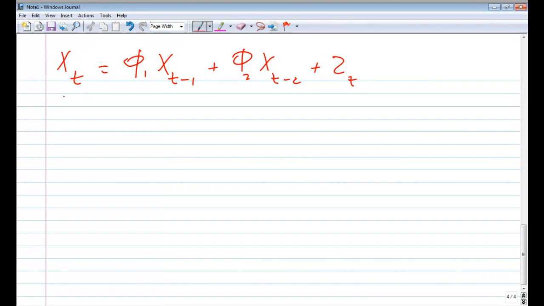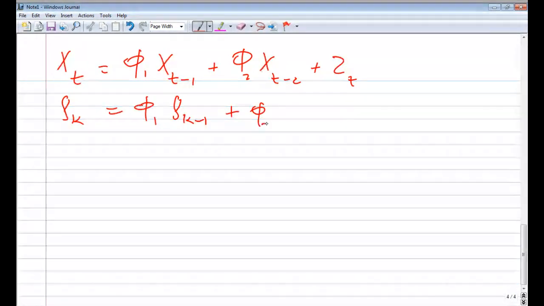So xt, like I said, is going to be rho k, equal to phi 1 times rho k minus 1, plus phi 2 rho k minus 2. When it comes to zt, you just ignore it or let it be 0. Are we together? You change xt to be rho k, xt minus 1 to be rho k minus 1, xt minus 2 to be rho k minus 2. Zt is 0.